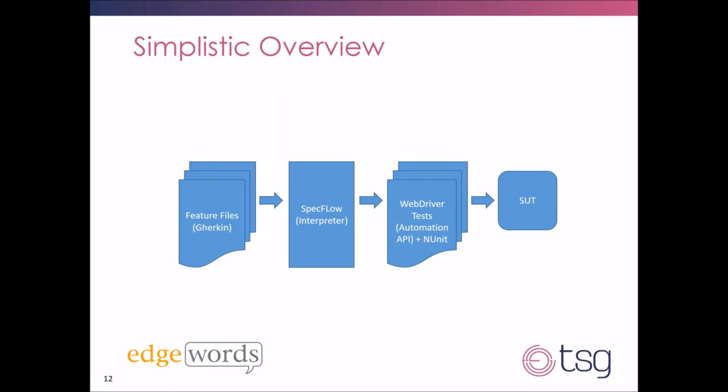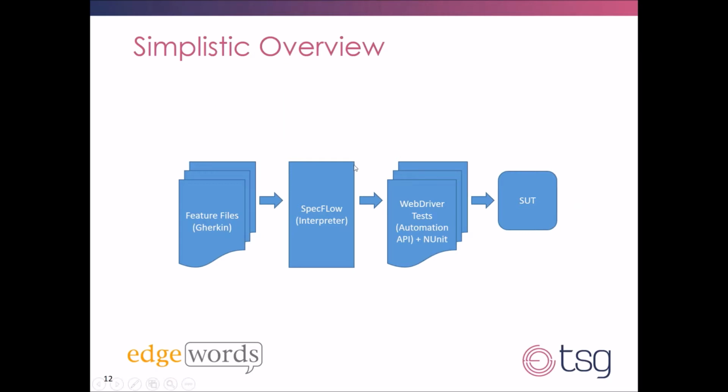So we create a text file and we write a feature, and the feature can then contain several scenarios. And you can think of a scenario as a test case if you like. These are written in a language called Gherkin. So Gherkin is just the syntax, the formal keywords that we use to describe our scenarios.